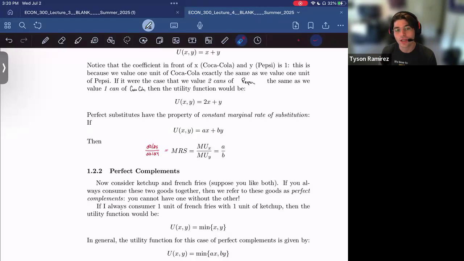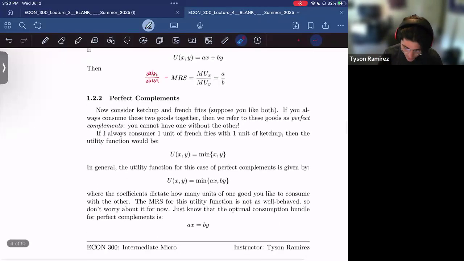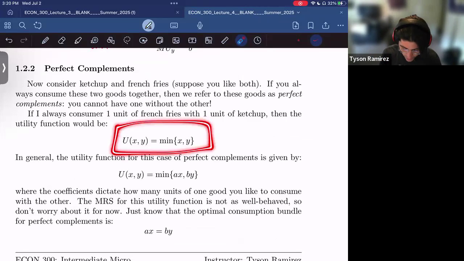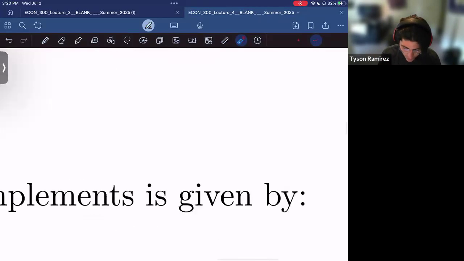All right. We also have a mathematical function for this. The mathematical function for what I just described, the 1-for-1, is given by this right here. It's a min function.